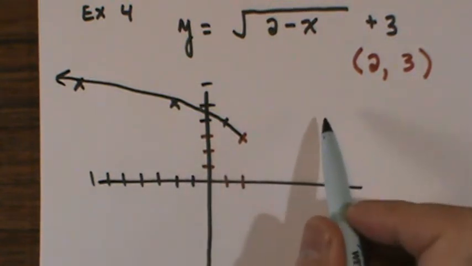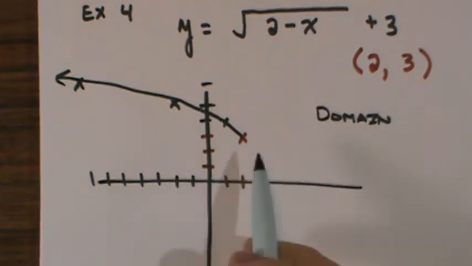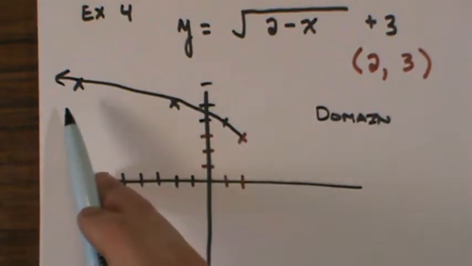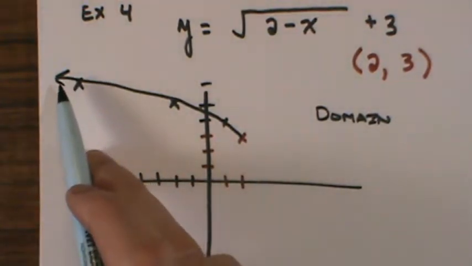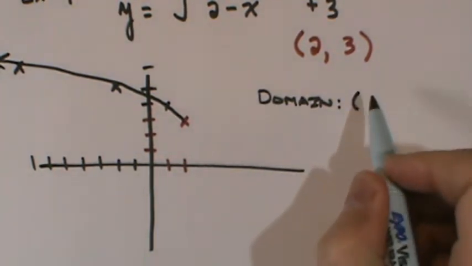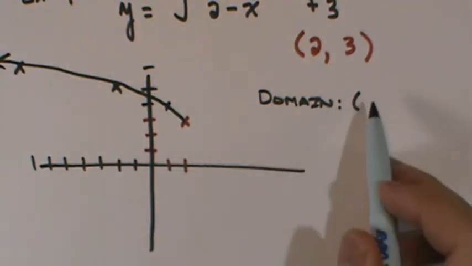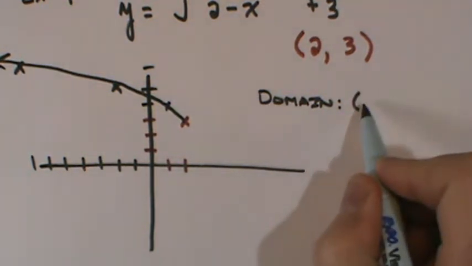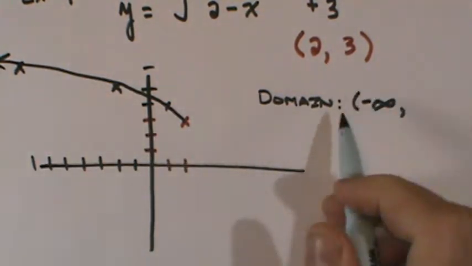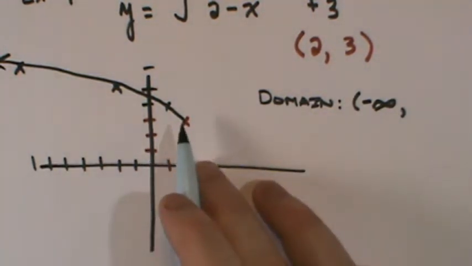As I connect the points, I could then identify my domain and range. The domain, our collection of x values, it ends at 2, but it actually starts all the way over here, and it goes that way forever, so it starts at negative infinity. I cannot stress enough, please make sure that when you identify your interval notation for your domain and range that you're going least to greatest. The smallest x value I see on the graph would be negative infinity. So I use my parenthesis because I cannot contain infinity, and it runs all the way up to value 2.